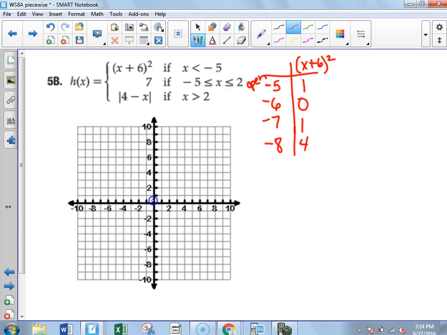Okay, so -5, 1 is an open circle. -6, 0. -7, 1. -8, 4. And it should be a parabola, we said, and it should keep going because it says everything less than -5. Would you have gotten those points and figured out the shape?